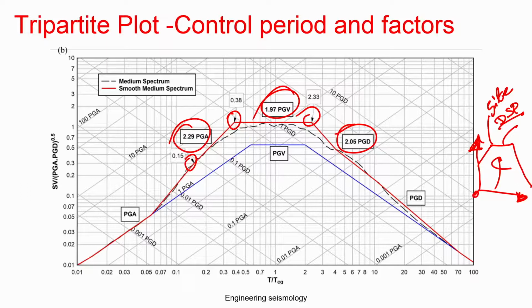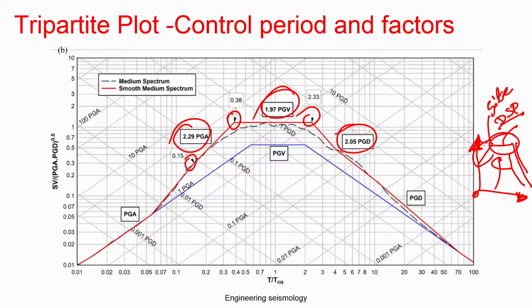Now you can understand how our spectrum compares to the state-of-the-art knowledge available in the world. Second, we have variation in the soil only on this part, but actually the variation in the soil can also cause variation in the other parts.